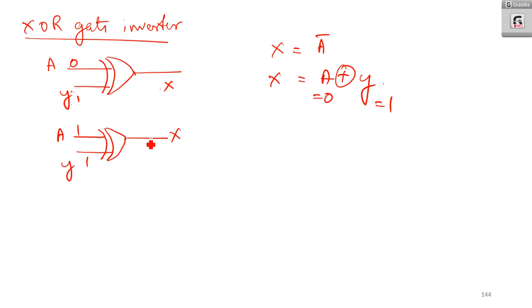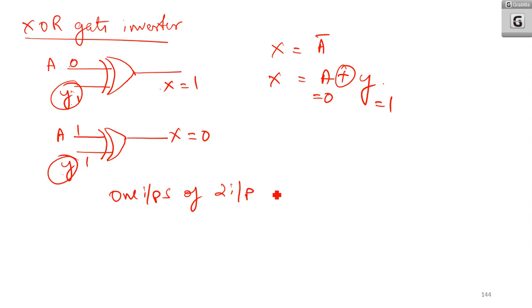What is 1 XOR 1? You will get 0. What is 0 XOR 1? 0 XOR 1 is 1. That means if one of the inputs of a 2-input XOR gate is made to logic 1, then it can act as an inverter.